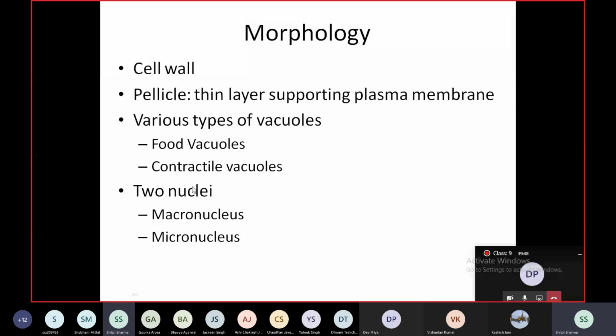Another unique feature in ciliates is that these single-celled eukaryotes have two nuclei which have completely different genomes, completely different genetic material. The smaller of the two, called the micronucleus, contains the germline genome. This is the genetic information which is passed on to the progeny at the next sexual generation, and during normal growth it is silent.